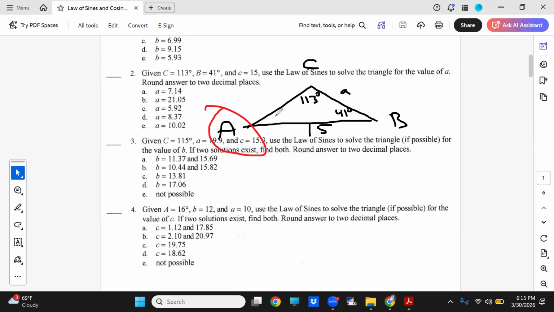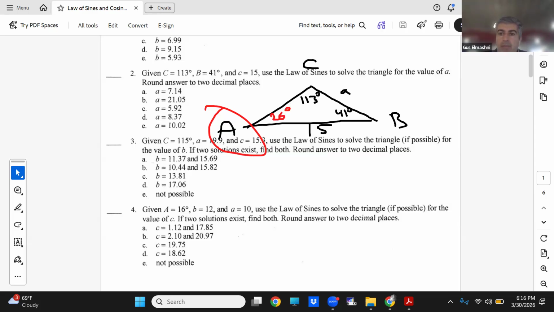Oh, angle A. No, I put that wrong. 26. Actually, it should be 36, I think. No, well, no, you're right. It's 26. Sorry, you're right. Okay.